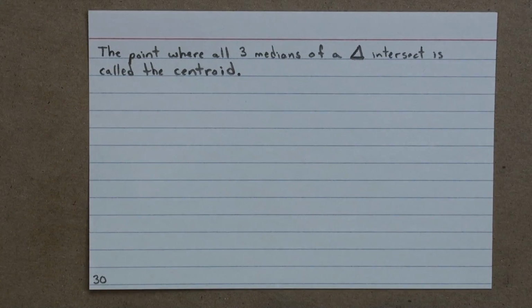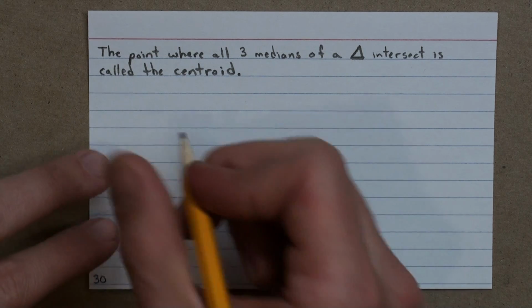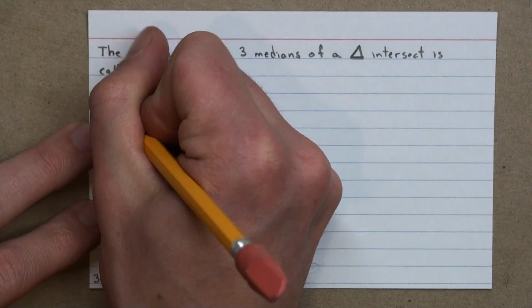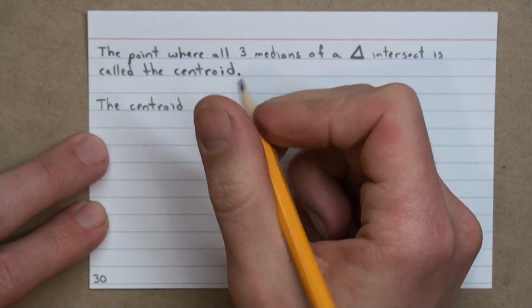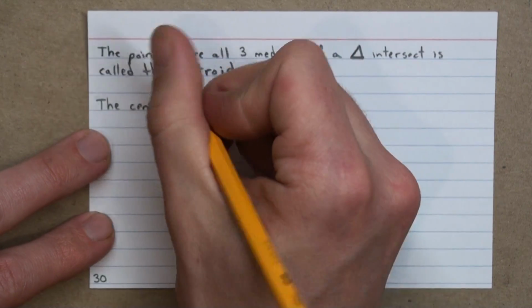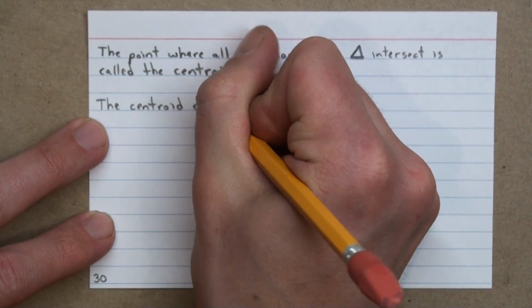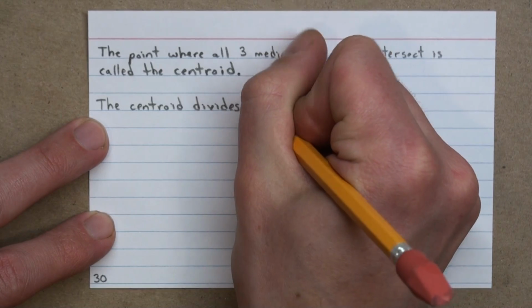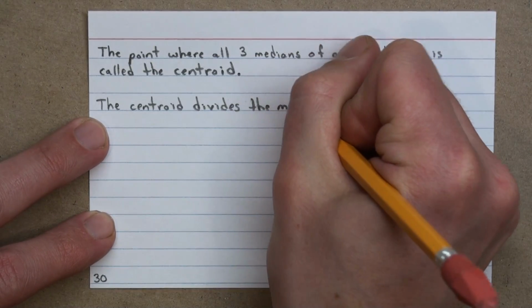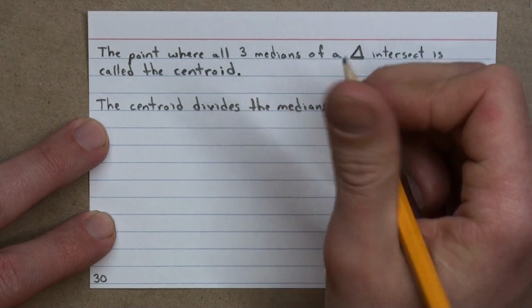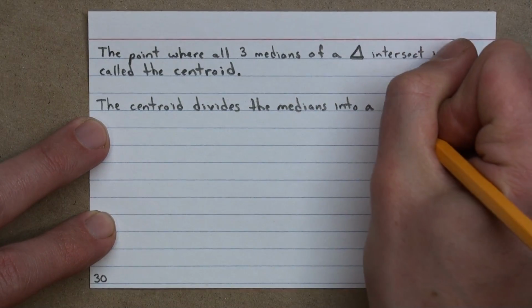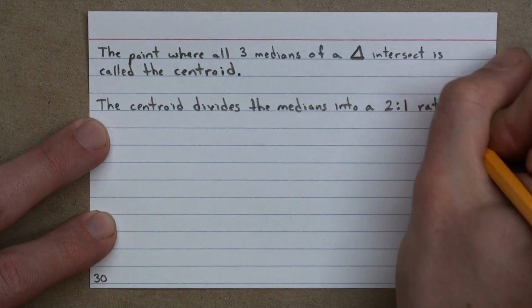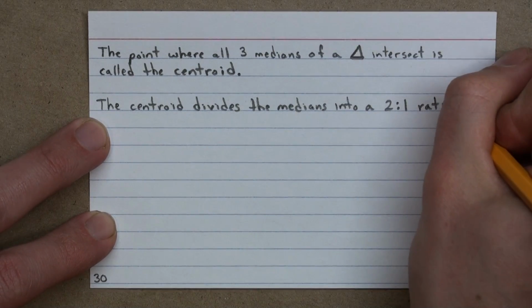The centroid divides the medians into a 2-to-1 ratio.